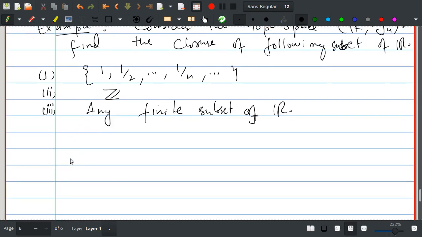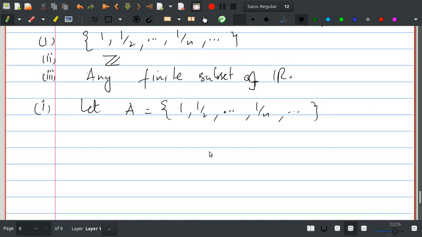So this is our first example. Let A be our set 1, 1 by 2, and so on, 1 by n, and so on. So this is an infinite subset. Now 0 is not an element of this set because 0 is not of the form 1 over n, so 0 is outside of this set.